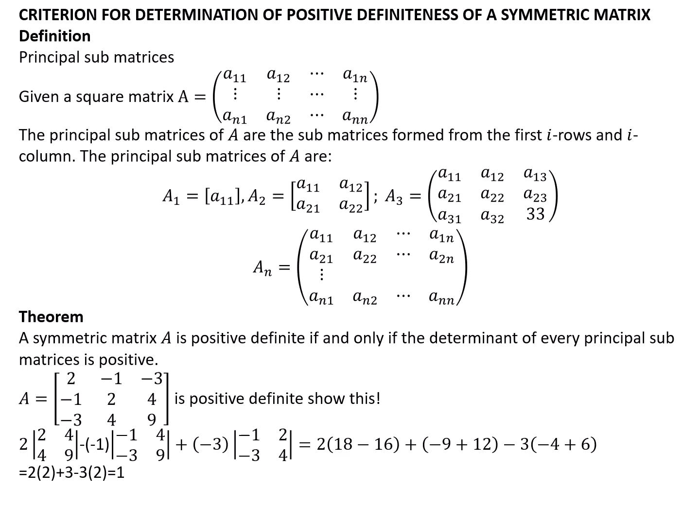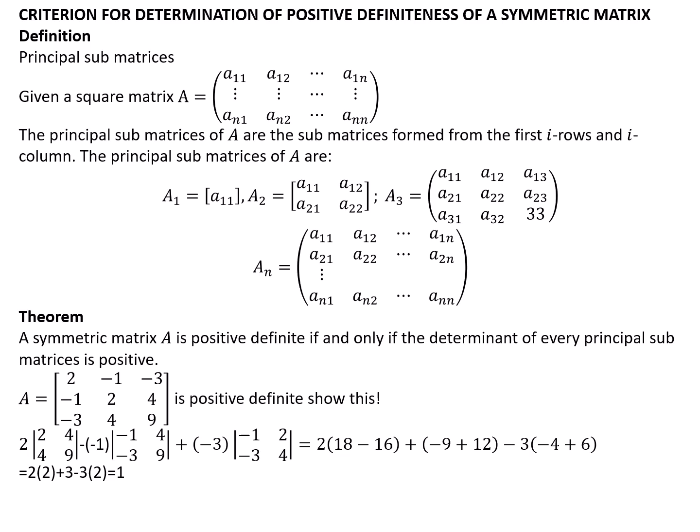So those submatrices that you have, find their determinants also. If you find the determinant of 2, 4; 4, 9, it will give us 18 minus 16, which is 2. It's positive.